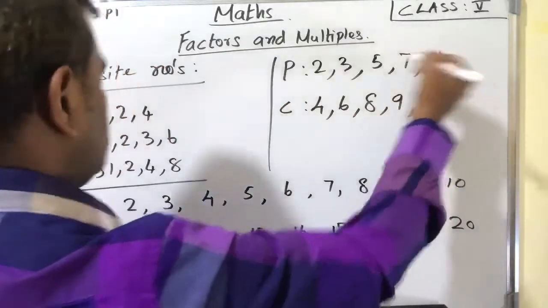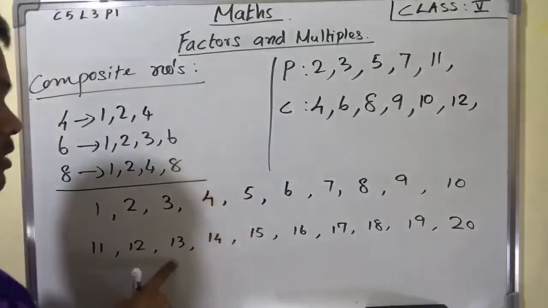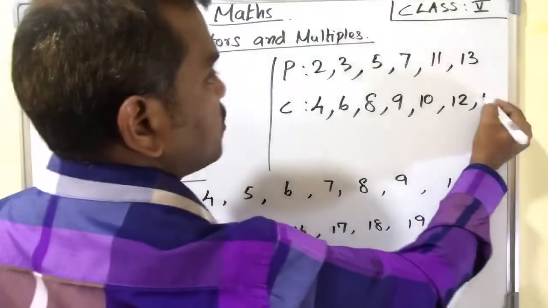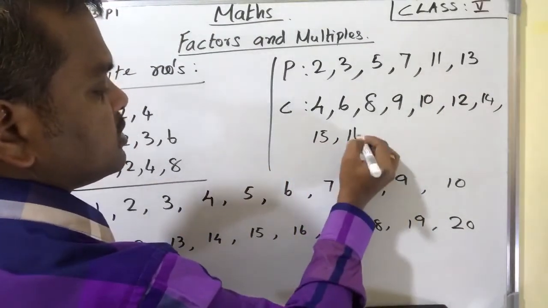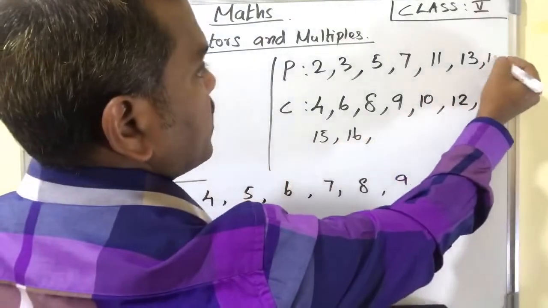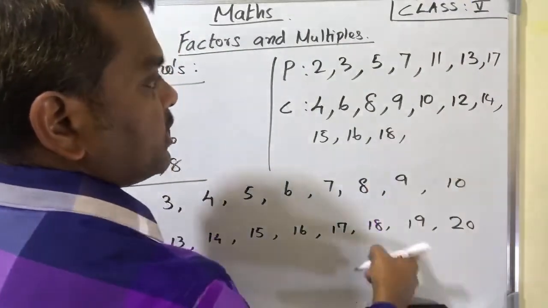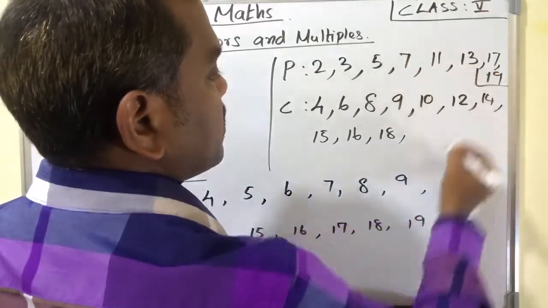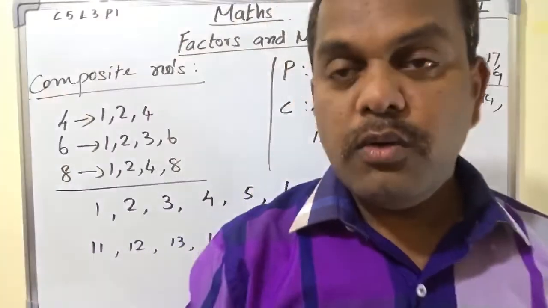Then 12 composite number. 13 prime number. 14 composite number. 15 composite. 16 composite, 17 prime number. 18 composite number. 19, 17 and 19 are prime numbers. Now did you understand?